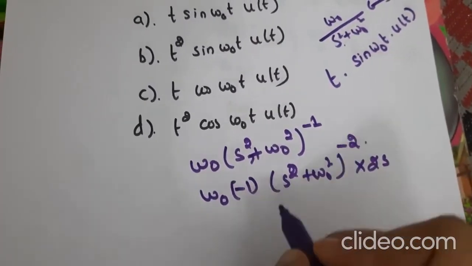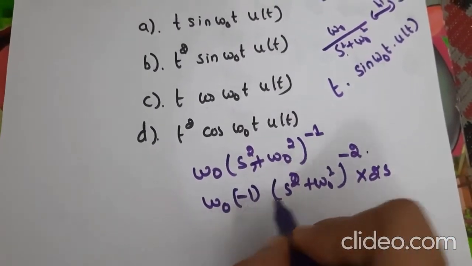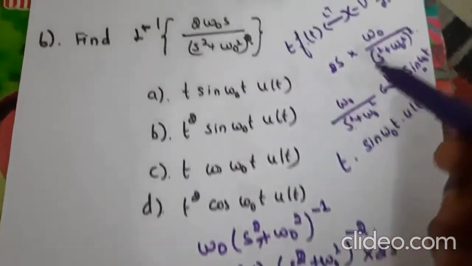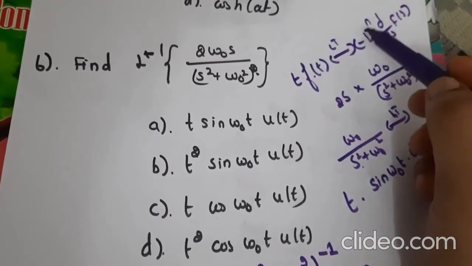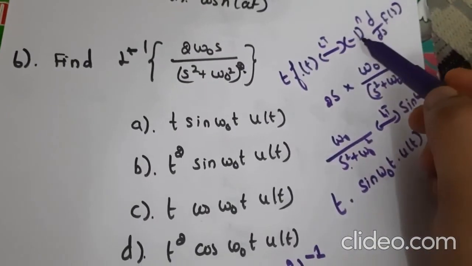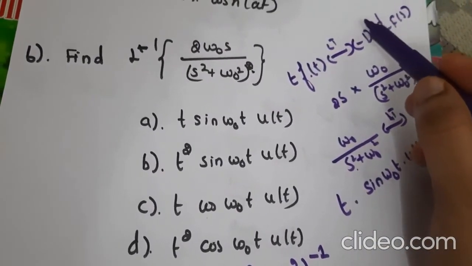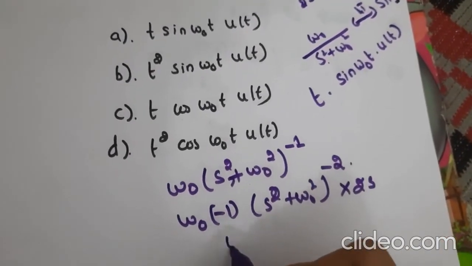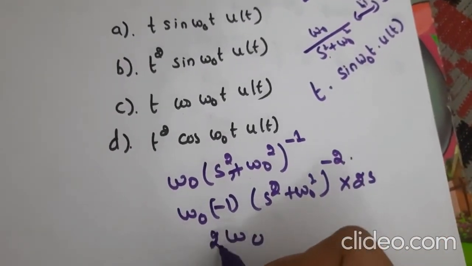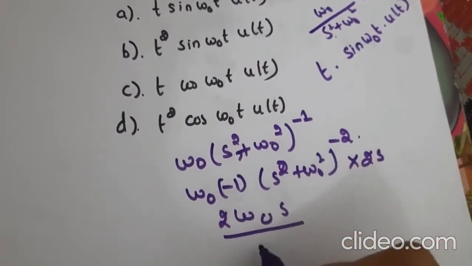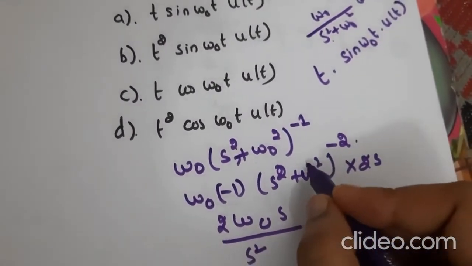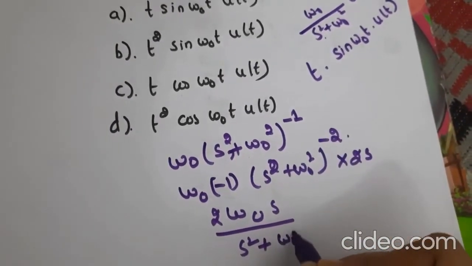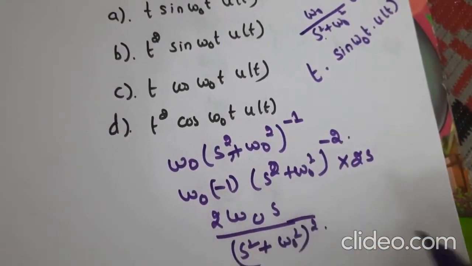So now we get minus omega naught, and this minus and this minus cancel, because in the equation itself we have minus 1 to the power 1. So this also minus 1 and this also minus 1 become positive 1. We get the answer as 2 omega naught s divided by s square plus omega naught square, the whole square. If you are taking this term in here, this minus 2 becomes plus 2.